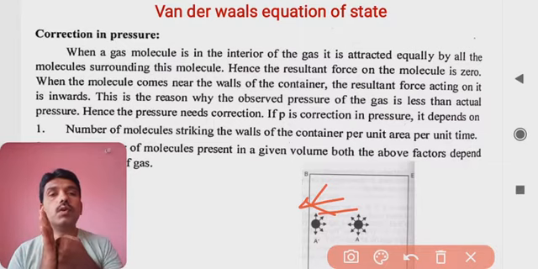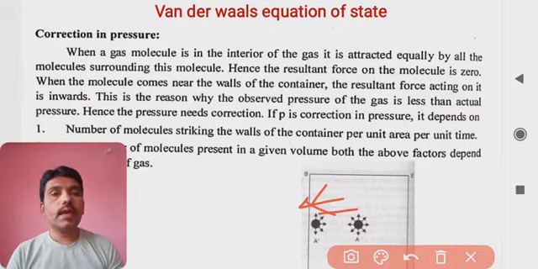Not a single molecule but a number of molecules strike, and that brings in another factor, the density of the gas molecules.